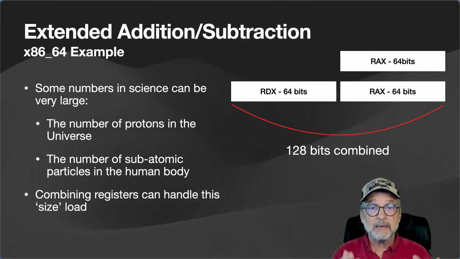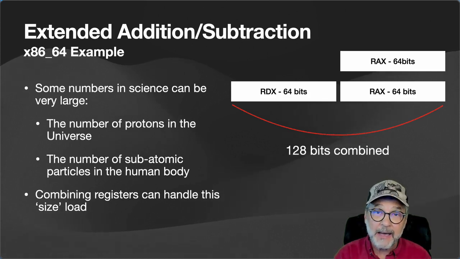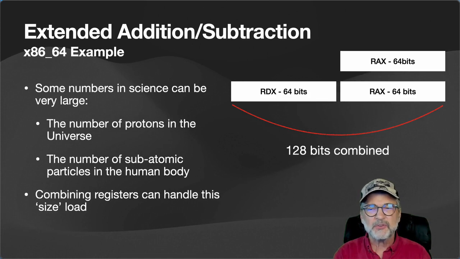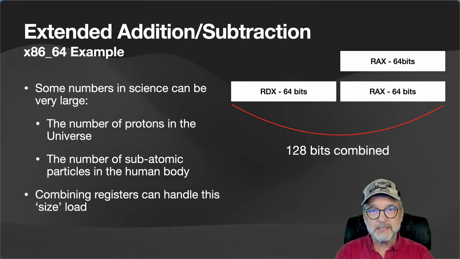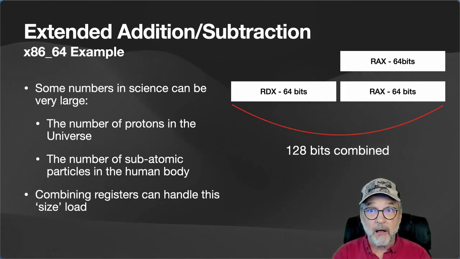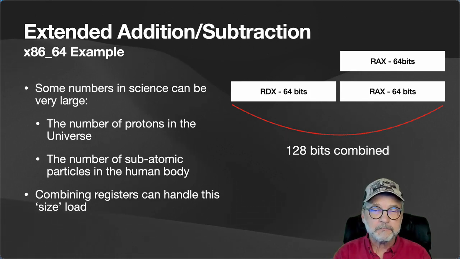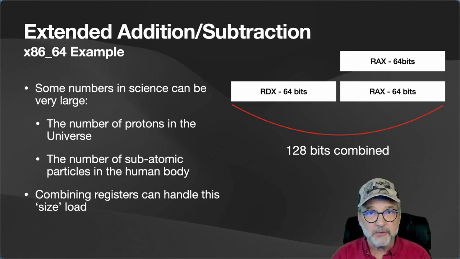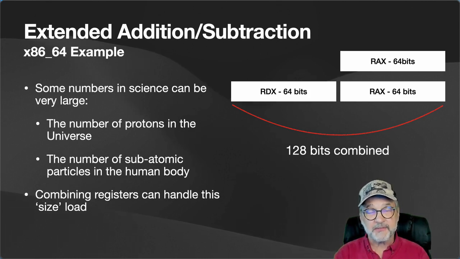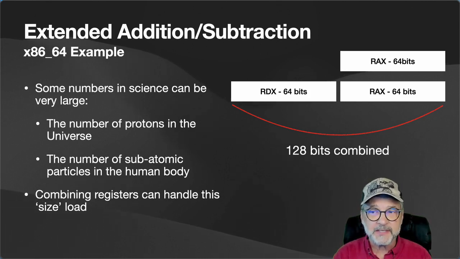The number of atoms in the human body is like 10 to the 27th power, is the current estimate. Just huge numbers. And those numbers will not fit in a 64-bit register, especially if you say, I want to get all of the atoms. I actually did the calculations last night preparing for this. If you want to do all of the atoms and all of the humans on the planet Earth, for some reason you're given that job, it just won't fit in 64 bits.